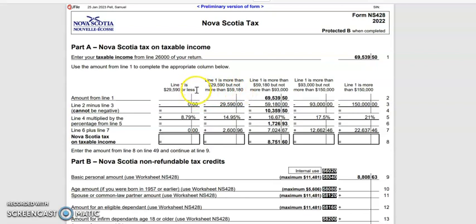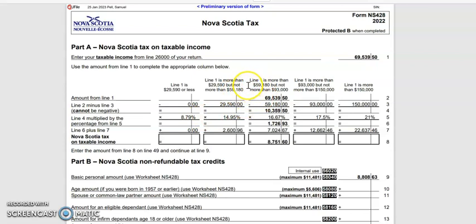So line 1 is the amount from your tax return, your 26000. If that is 29,590 or less, you fill it in here, and then the rate would be based on 8.79%.